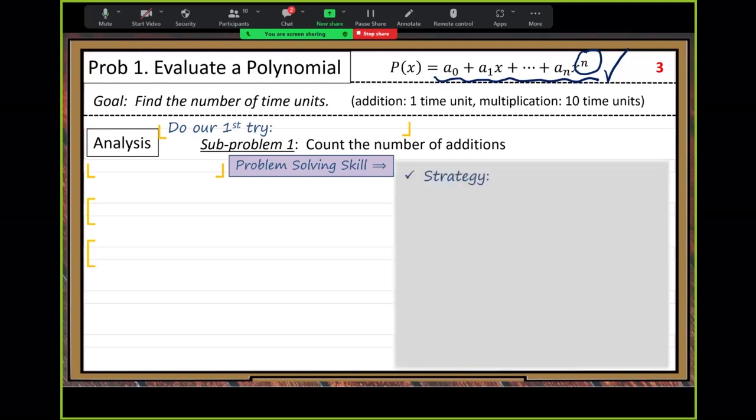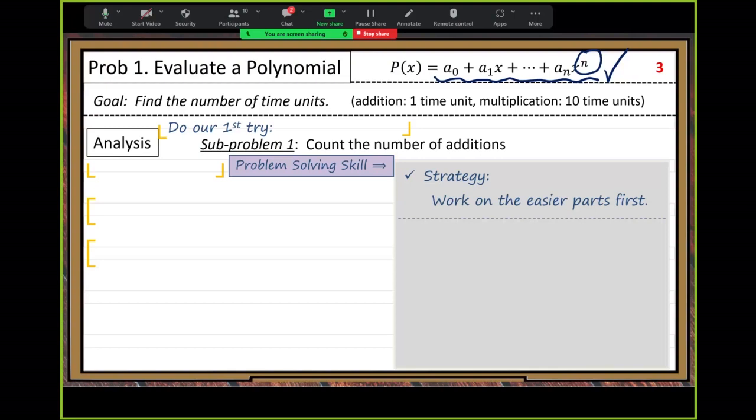The problem-solving strategy: work on the easier part first.